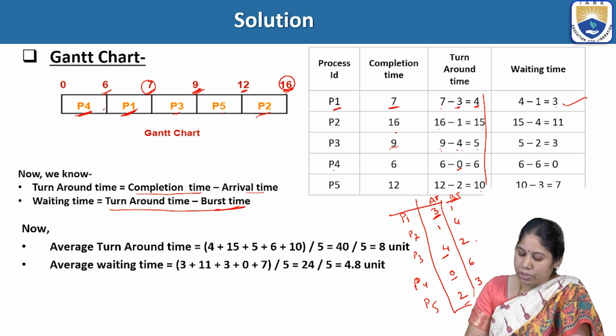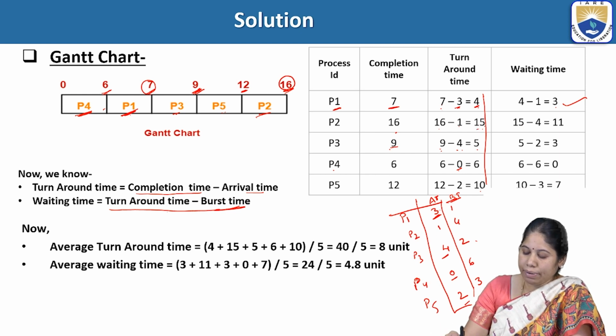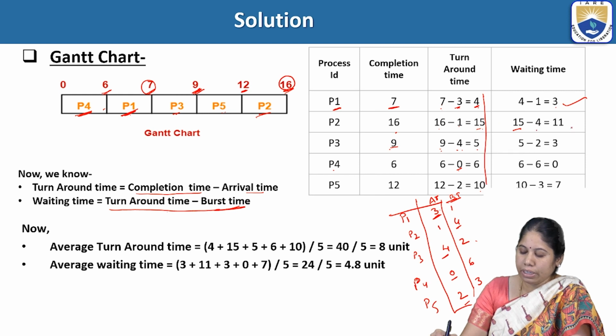Now for P2, turnaround time 15 minus burst time 4 equals 11. For P3, 5 minus 2, 3. For P4, 6 minus 6 equals 0. For P5, 10 minus 3, 7.